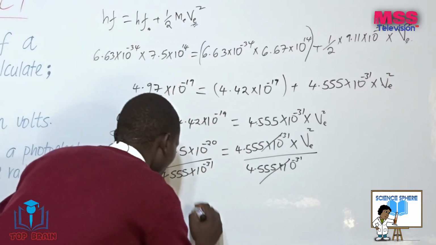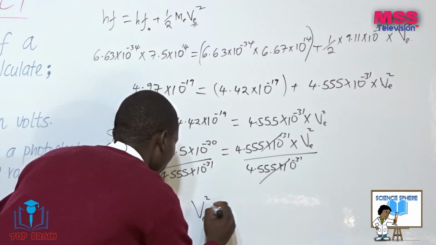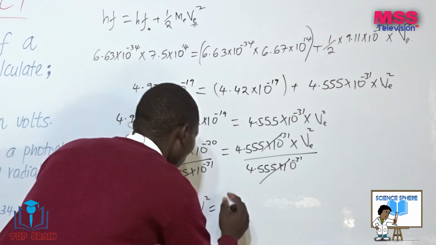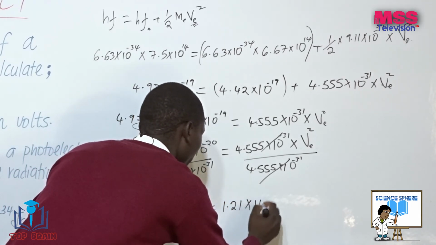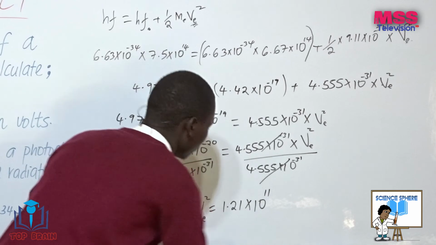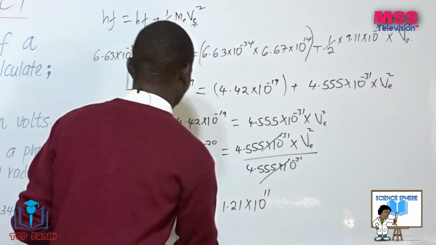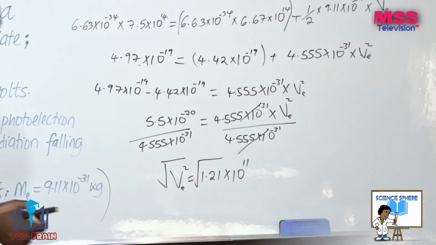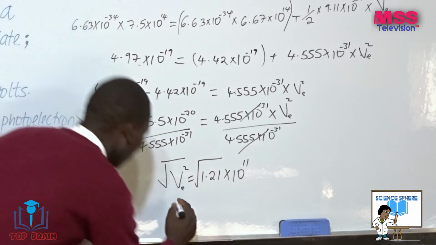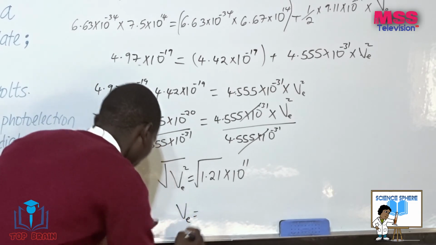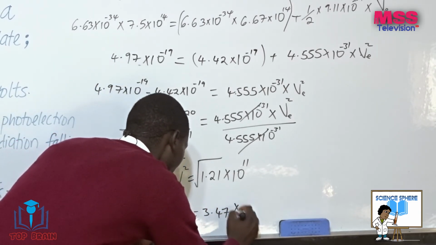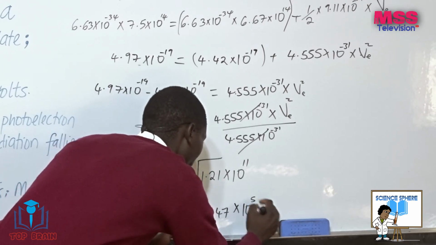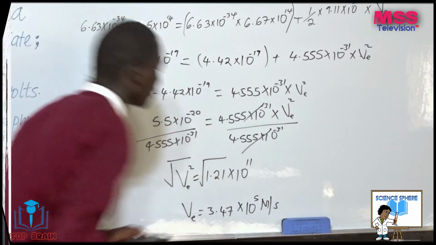So V e squared is going to be 1.21 times 10 raised to 11. Taking the root, if you did correctly, you are going to get V e as 3.47 times 10 raised to 5 meters per second.